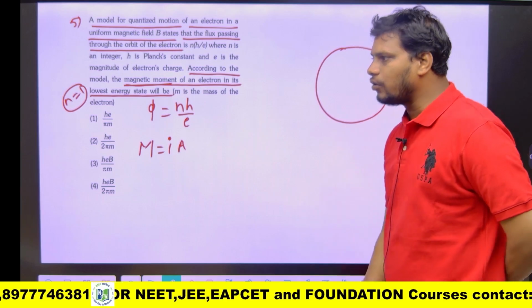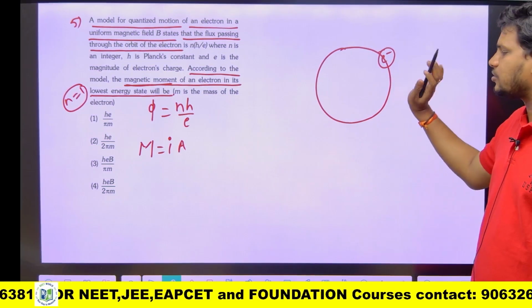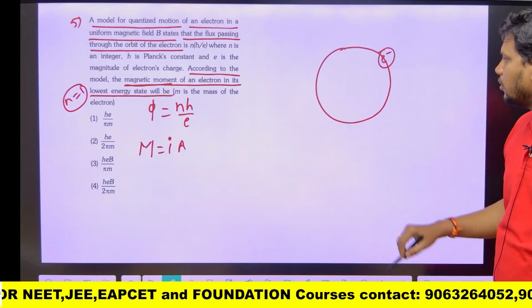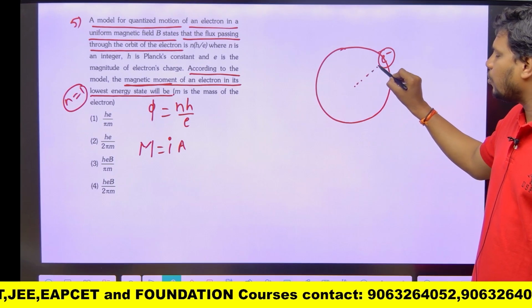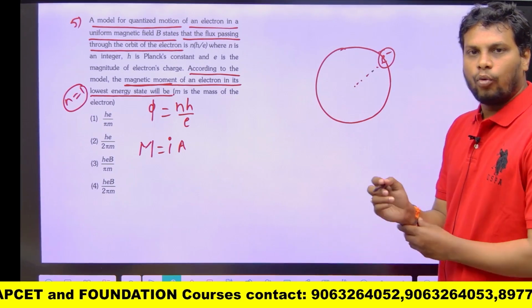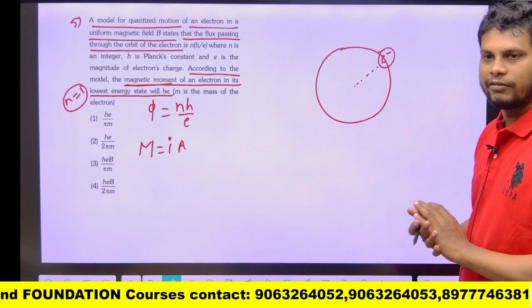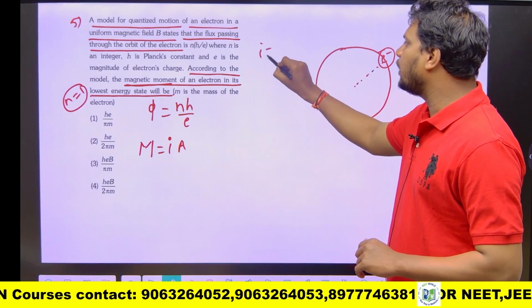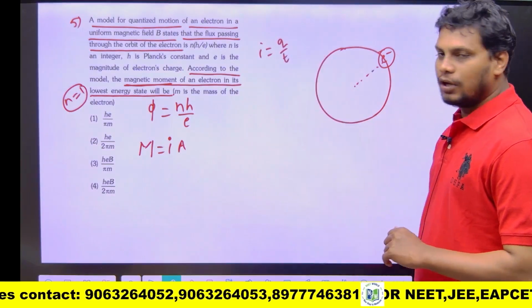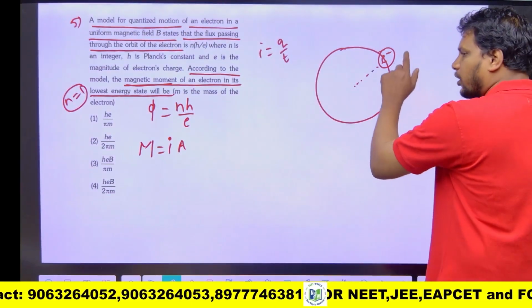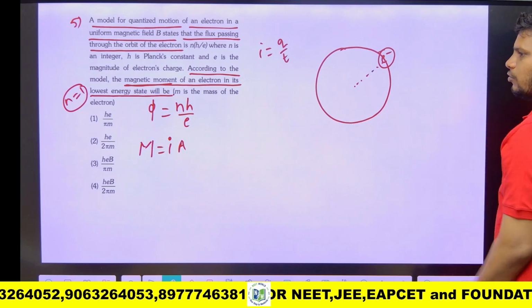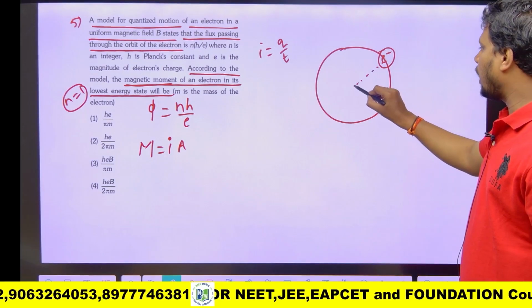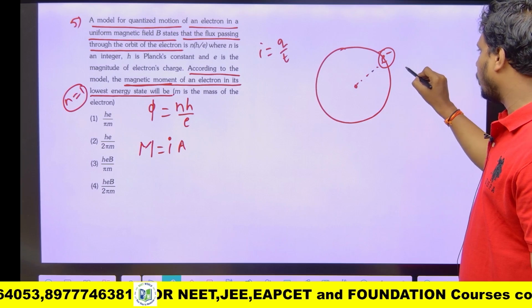Whenever the electron is revolving in a circular path, what should be the current associated with this electron? To find the current, we have the formula I is equal to Q by T.